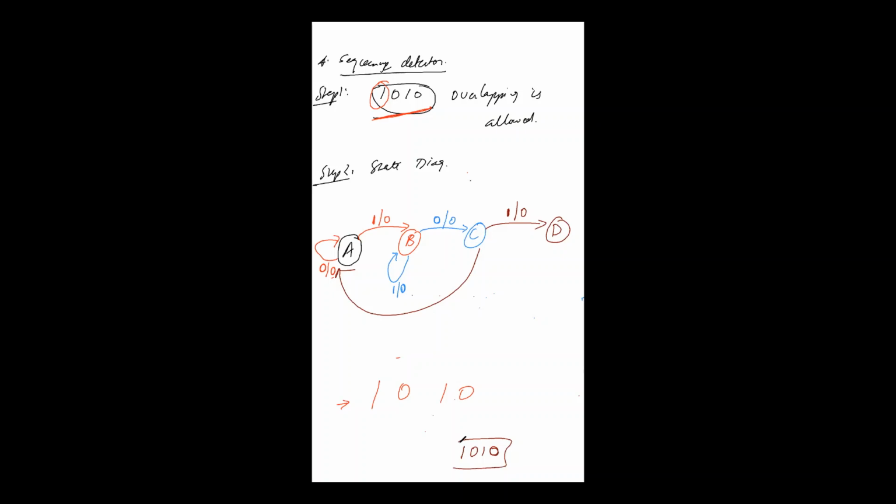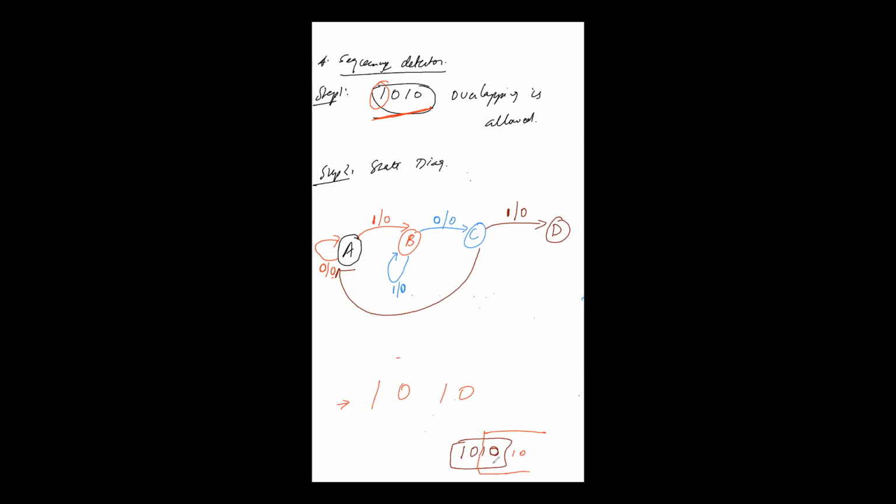Now you have got one complete sequence, so the output will be 1. But the important thing to note here is that you can again use this 1 0 for the next bit. Suppose the next bits are 1 0 again, you can use this 1 0 again to count the next sequence, right?